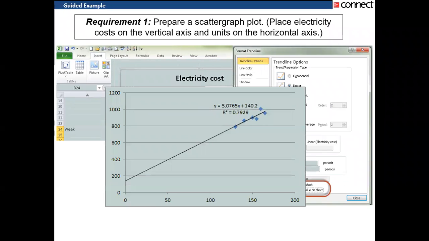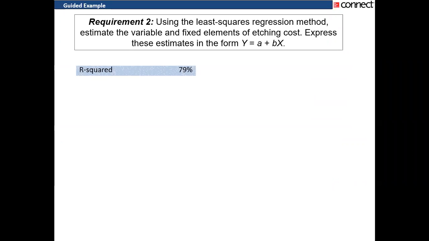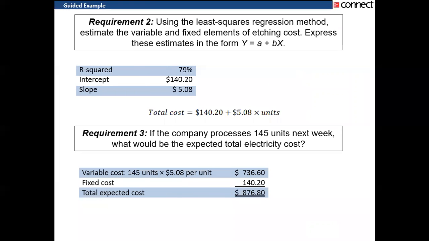You can find this trend line in this way, and what we measured using the regression, it is also possible to write on the trend line. This is requirement 2. We have shown how we can write it. And requirement 3 is 876.8. So let me stop here.